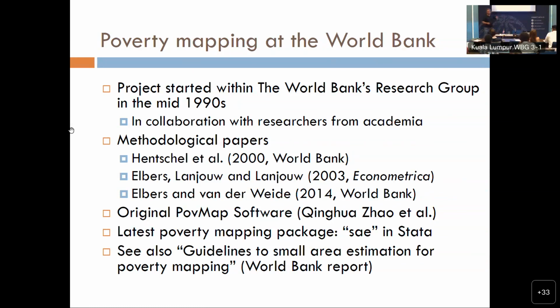Since then, computers have become a lot faster. And so now the World Bank has developed a new Stata package called SAE, and you can download it yourself. If you search for SAE Stata, it should pop up, which is nice. It's able to handle big data sets now with faster computers. It also allows you to script things more easily, which is helpful. Scripting was harder in the original software, which was mostly user interface driven. Also, recently the World Bank produced what it calls a guidelines document, in an effort to harmonize.